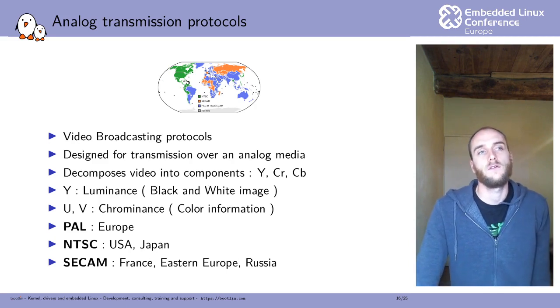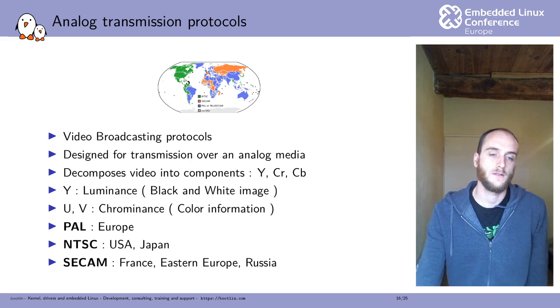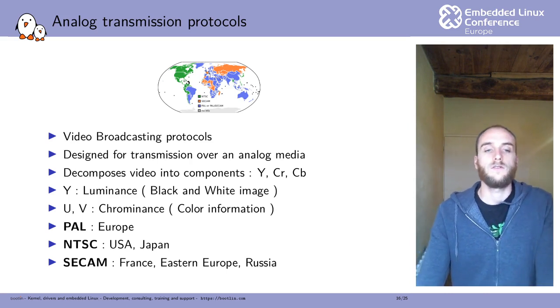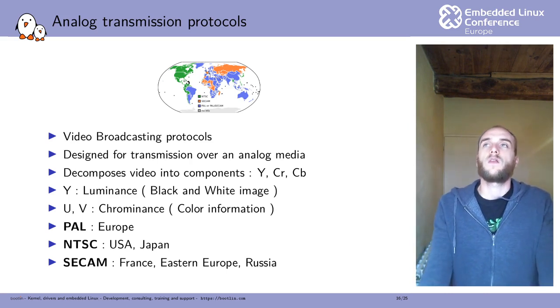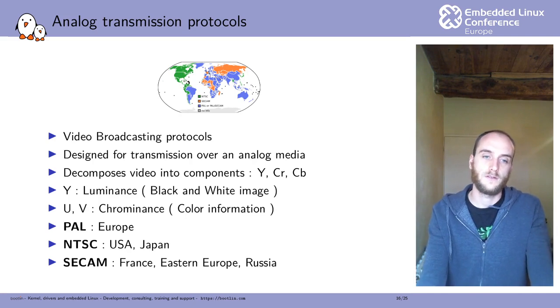And therefore, most of the standards using PAL to transmit video run at either 50 frames per second or 25 frames per second. In NTSC, so in USA, the power grid is at 60 Hz. That's why NTSC mostly deals with 30 frames per second or 60 frames per second signals.